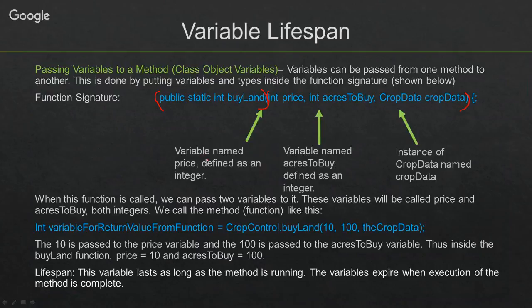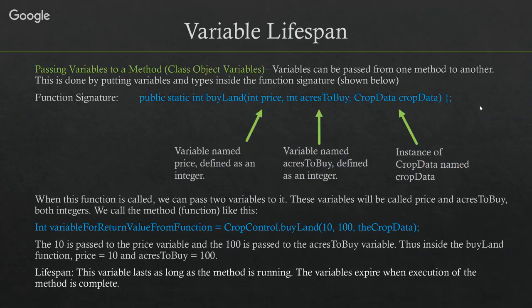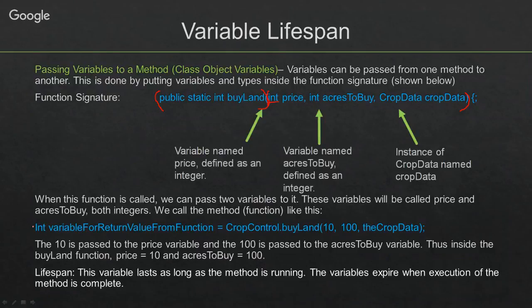So the variable named price is defined as an integer, and the variable named acres to buy, also an integer, and we're bringing in a new instance of crop data. And so when this function is called, we can pass two variables to it. The variables will be called price and acres to buy. And so it will look something like this.